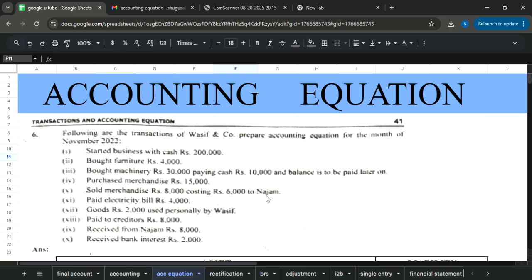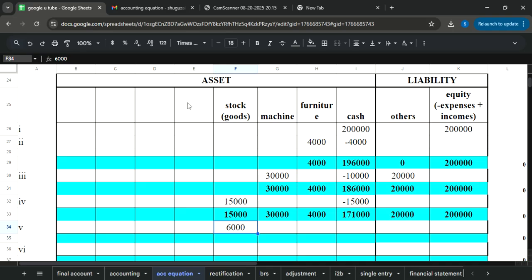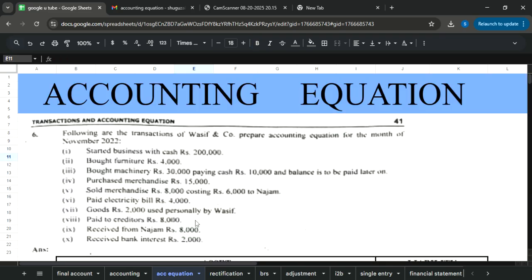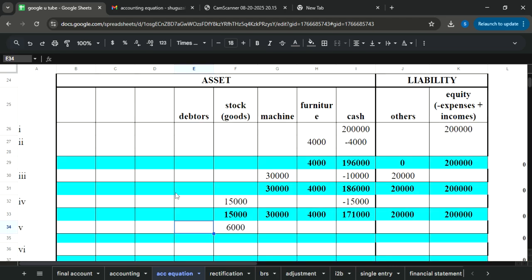Who is Najam? Najam is a person to whom we have sold goods. Cash is receivable from Najam. The person from whom cash is receivable is a debtor. Debtors are your asset. There is an increase in asset. How much amount do you want to receive from Najam? That is 8,000. So put 8,000 over here.